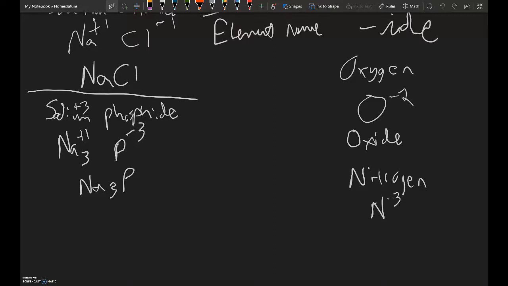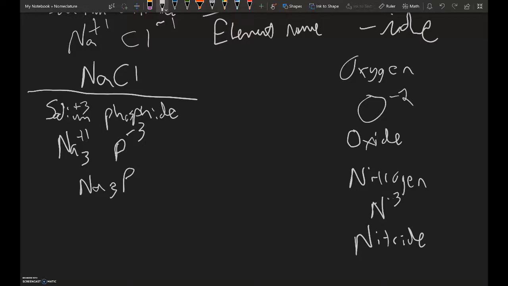Of those three, which one do you think is the most appropriate way of ending it? If you said nitride, you're correct. And so when we end the nonmetals with the IDE, we want to make sure that the way it pronounces it flows easily and smoothly.